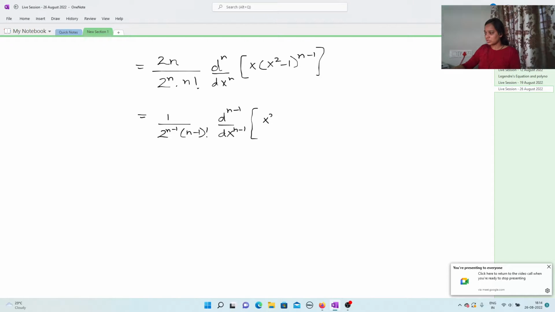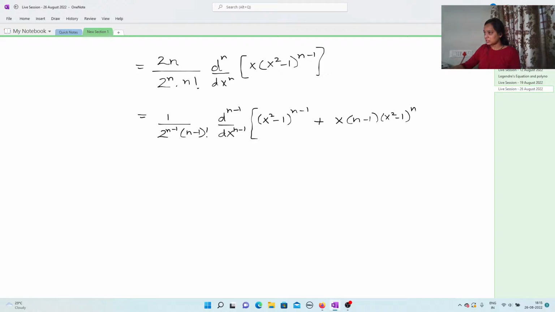So this is now (x square minus 1) to the power n minus 1. As such, the x differential is 1. Now x remains and we differentiate those. So this becomes (n minus 1) (x square minus 1) to the power n minus 2 into 2x, right?